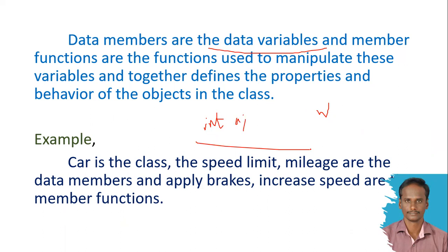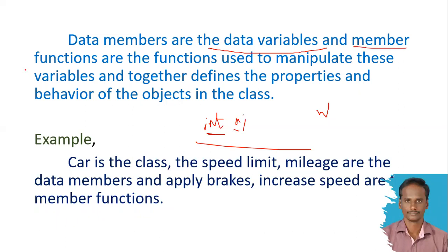A data type followed by a variable name. For the data type, we can use any valid data type: integer, float, character, long int, short int, whatever it may be. And a is an identifier. So this is a general variable declaration, and data members are also data variables.